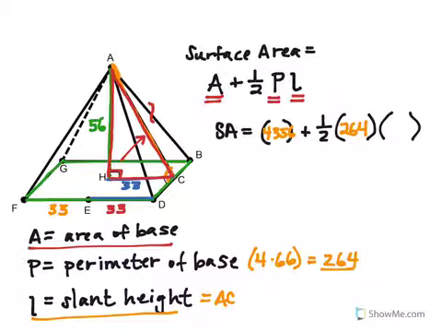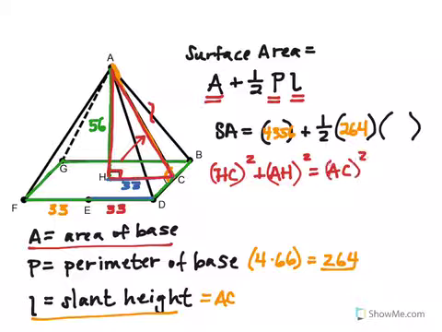So I can use my Pythagorean theorem here to say that HC squared plus AH squared is going to be equal to AC squared. This is the same thing as saying my HC, which is part of my base here, is 33 squared, plus AH, which is my height, of 56 squared, is equal to my slant height squared. And we can use this Pythagorean theorem to solve for our slant height.